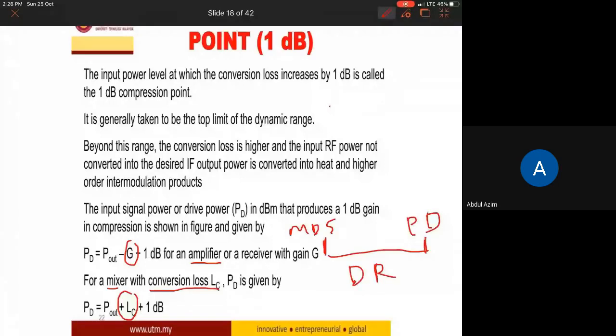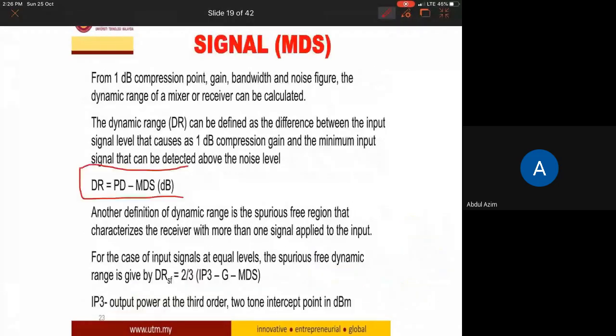If this is minus 114 dBm and the PD you calculate is 0 dBm, the difference will be 114 dB, about the dynamic range. So this is how you calculate the dynamic range. This is the easiest way, just by using the graph.